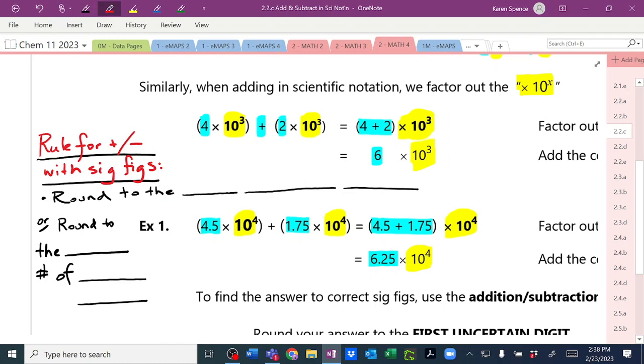Okay, what is one of the two rules? There's two ways of saying it.